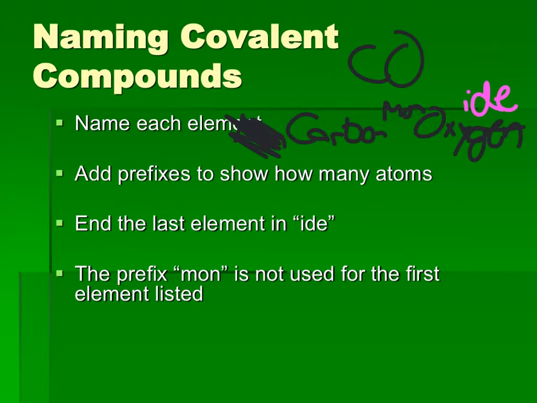However, if mon is on the second word, we still use it. So the first word can have prefixes except for mon. You could have dicarbon monoxide, tricarbon monoxide, and so on. You just get rid of mon if it's on the first word. We've all heard of carbon monoxide poisoning. That's essentially what this is: 1 carbon bonded to 1 oxygen.